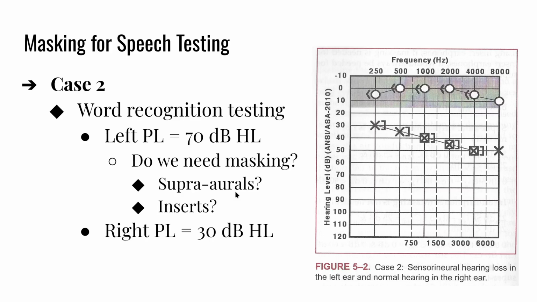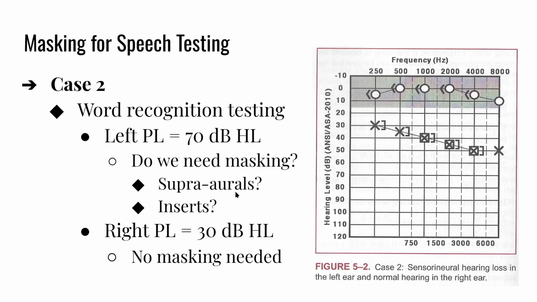And left ear presentation level, we're doing 30 dB above SRT, so 70 dB in the left ear. So do we need masking for word rec for supra-aurals and for inserts? For the right ear, no masking is needed. That's pretty straightforward on the right one. We don't exceed our interaural attenuation level. But for the left ear, let's break it down.